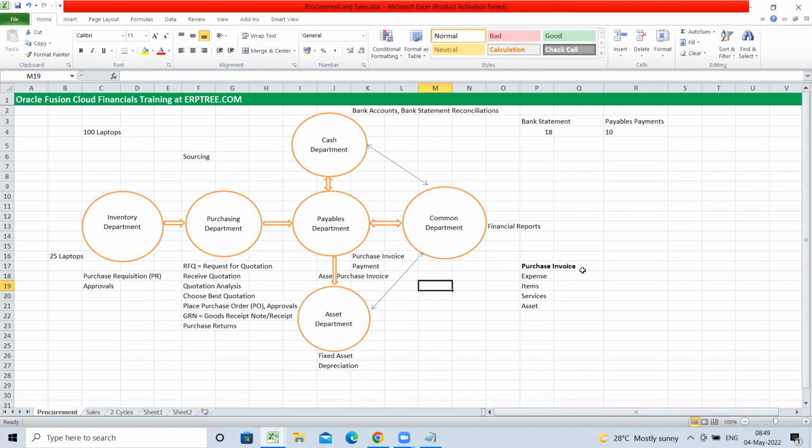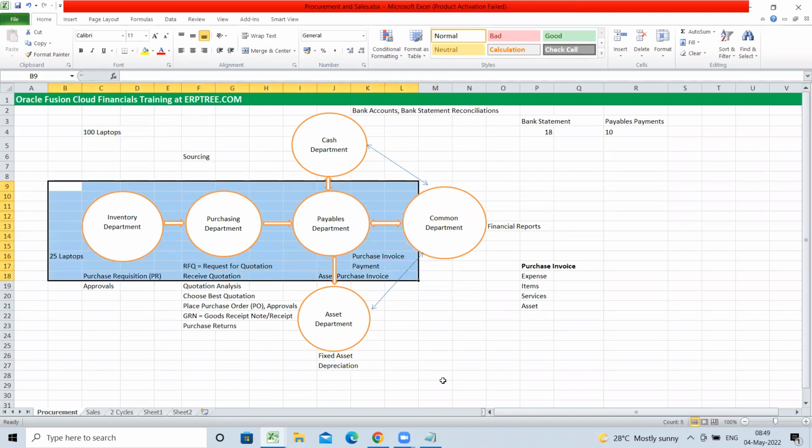So this is how the process can be handled if there is any requirement in the organization, right from raising the requisition till we make the payment. All these activities can be handled across these three departments as a primary. The purchase invoice information we are going to share with the asset department.